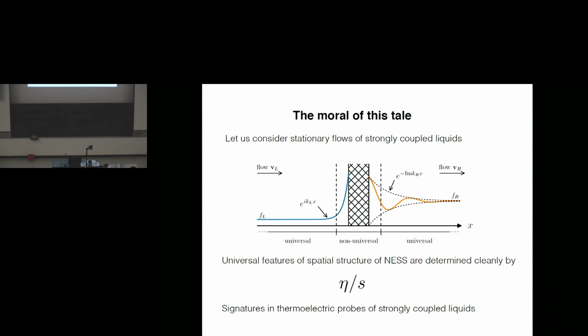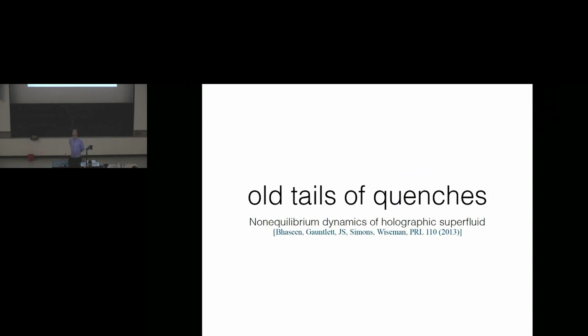In some circumstances, you can show that the spatial features of this non-equilibrium steady state, or NESS, which I'm going to use quite a lot, are determined by the ratio of shear viscosity to entropy density, to which great interest is attached from the point of view of strongly coupled liquids. This leads us to expose certain signatures in thermoelectric probes of strongly coupled liquids that are in such steady states. That's the moral of this tale.